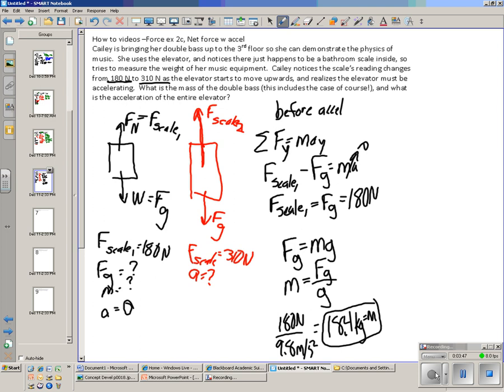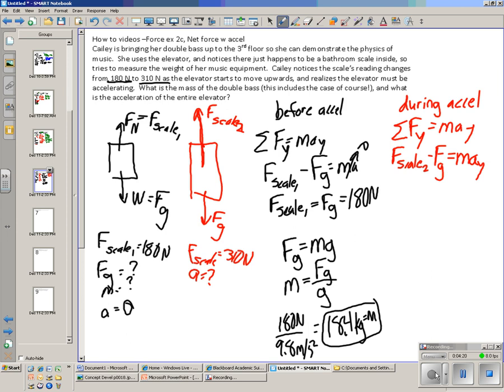Then I'm talking about once it is actually accelerating, and I have the same equation as before. Force on the y equals mass times acceleration on the y. Scale force 2 minus gravitational force is equal to mass times acceleration on the y.